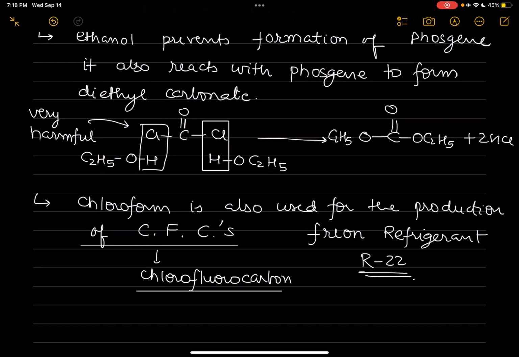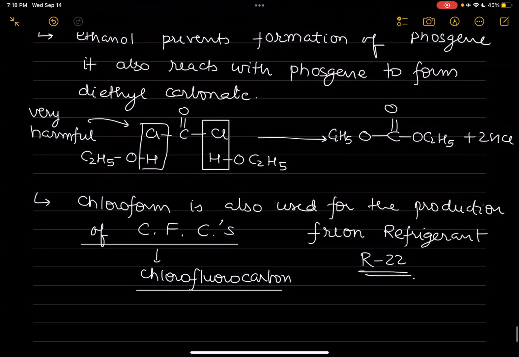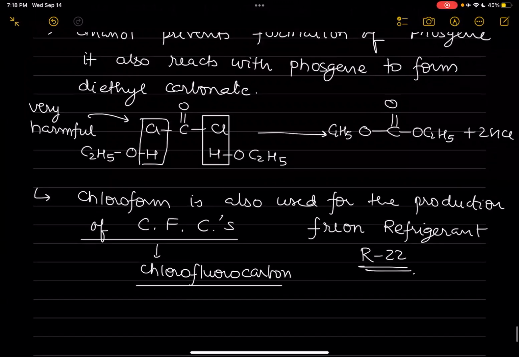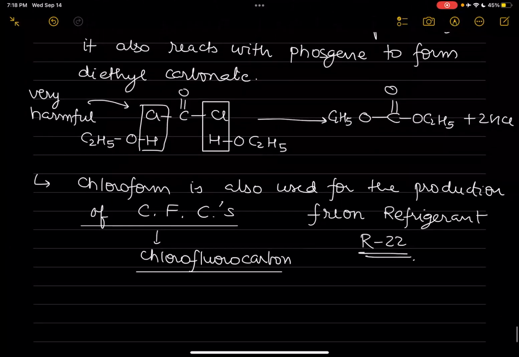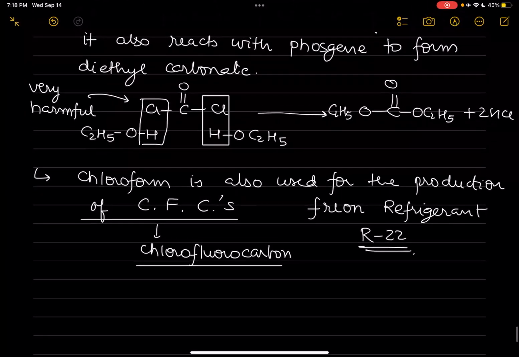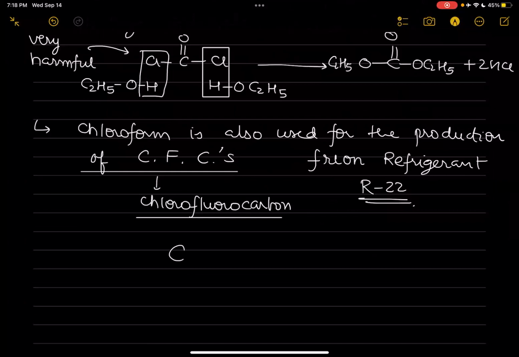Refrigerant or AC. AC, you know, whenever the compressor starts, the air conditioner circulates a cooling fluid. That fluid is having some carbon, some fluorine. Some gas is there in it.